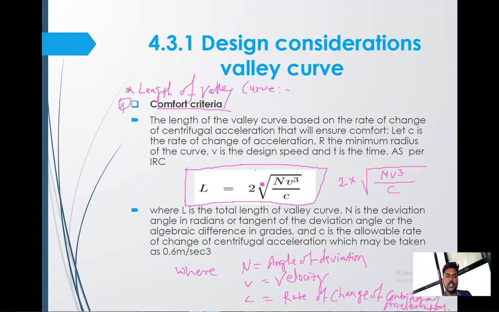C is taken as 0.6 meter per second cube. Write down this formula, comfort criteria.